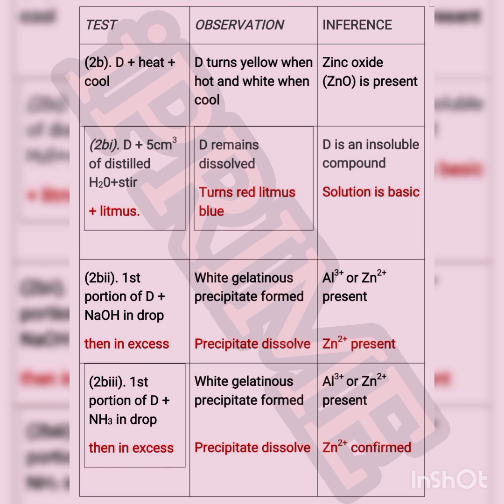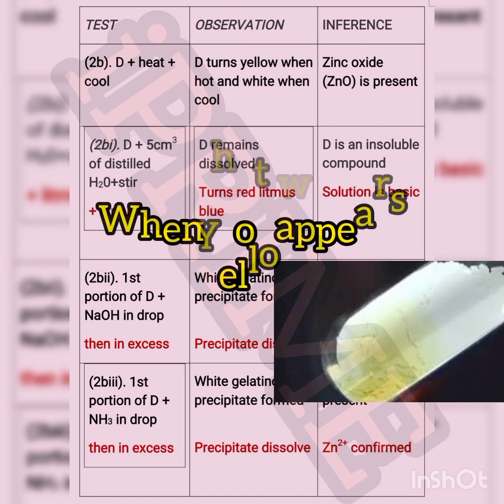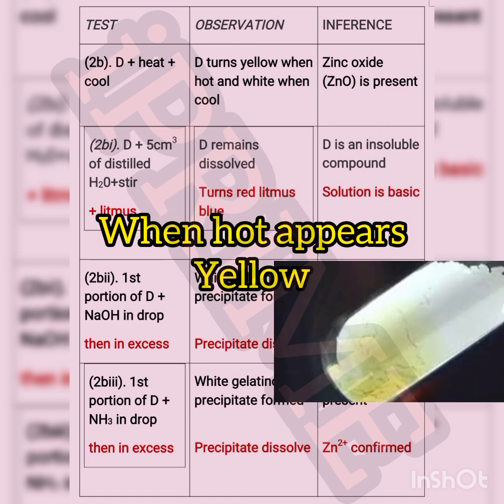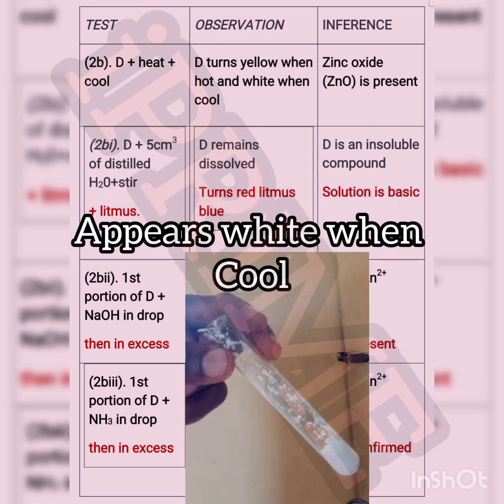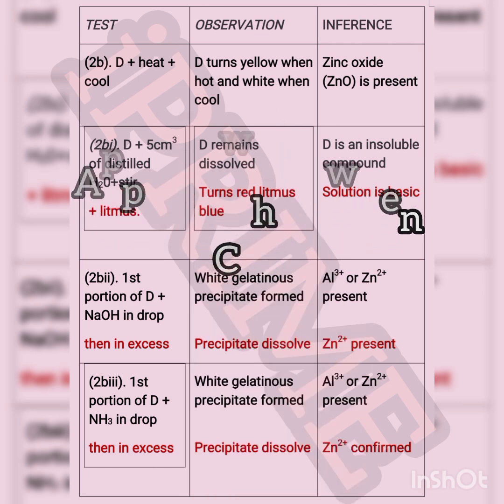Under observation, D turns yellow when hot or heated, and appears white when cool. So under your inference, you write that D is zinc oxide. You can say zinc oxide present.